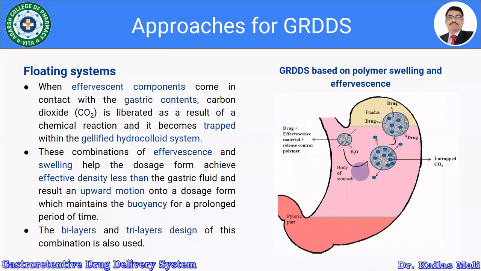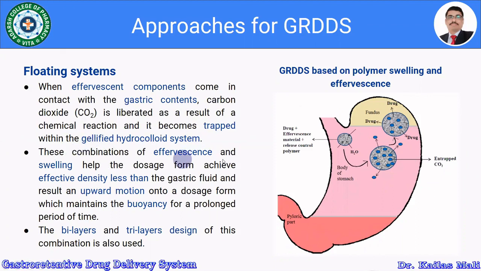gastric fluid. So when effervescent components come in contact with the gastric content, the carbon dioxide is liberated as a result of a chemical reaction, and it becomes trapped within the jellified hydrocolloid system.